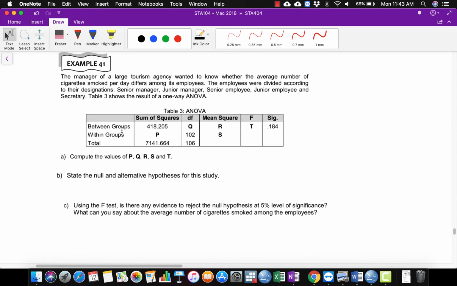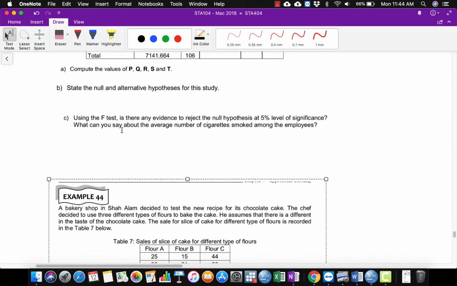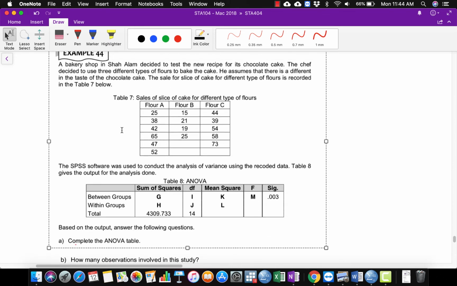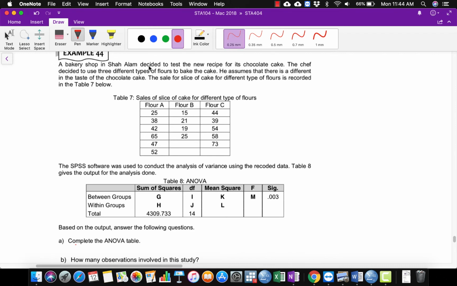So now we focus on example number 44. In example number 44, there are three groups as well. A bakery shop in Shah Alam decided to test a new recipe for its chocolate cake.